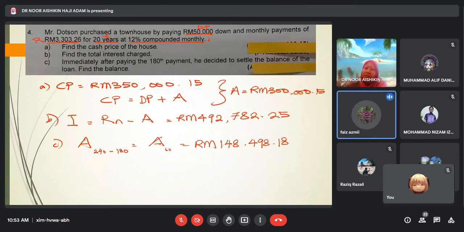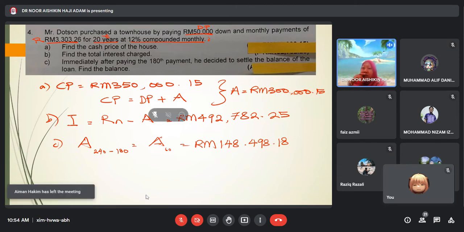Sekejap, tolak yang 300 ke tolak yang 350,000? Tolak A lah. 300. Tolak cash price? Tolak amount yang dipinjam. 3303.26 times 240 minus A, 300,000.15. That gives 492,782.25.